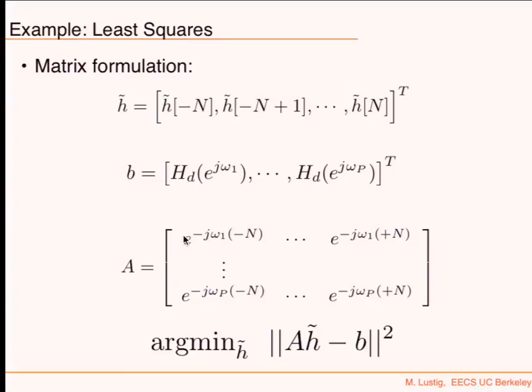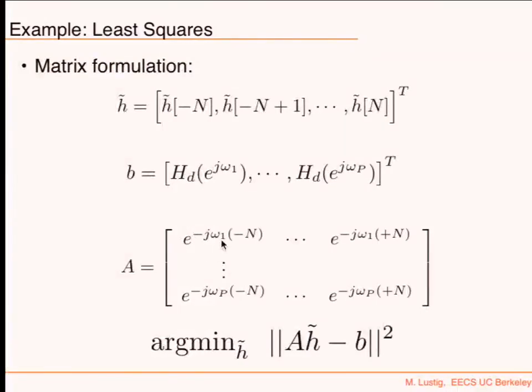When you multiply this with this, you get the evaluation of the frequency response of this filter at frequency omega 1. This dot product, summed over, or a vector-vector multiplication between this and this, results in the evaluation of the frequency response of this filter at frequency omega 1.